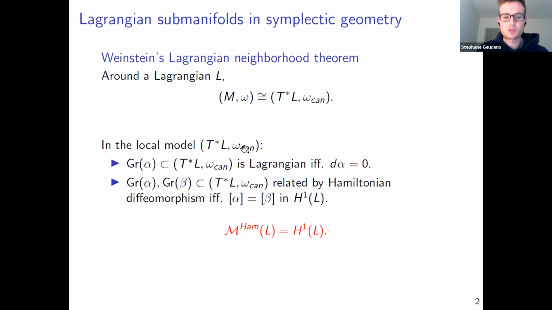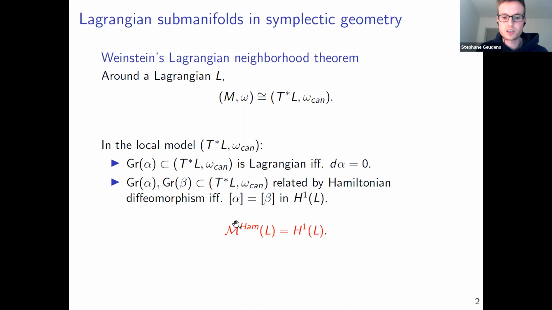And again, it's well known that if you take such a section, alpha, which is a one-form on L, its graph is Lagrangian exactly when the one-form is closed. And moreover, if you have two closed one-forms, alpha and beta, so that their graphs are Lagrangian, these two Lagrangian submanifolds are related by a Hamiltonian diffeomorphism exactly when their cohomology classes are the same.